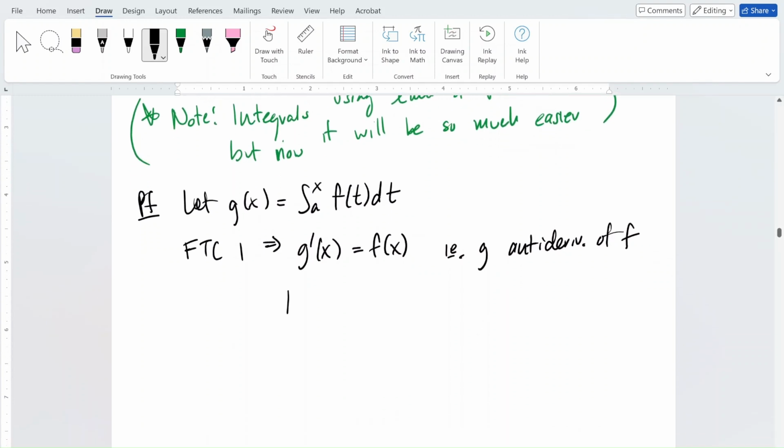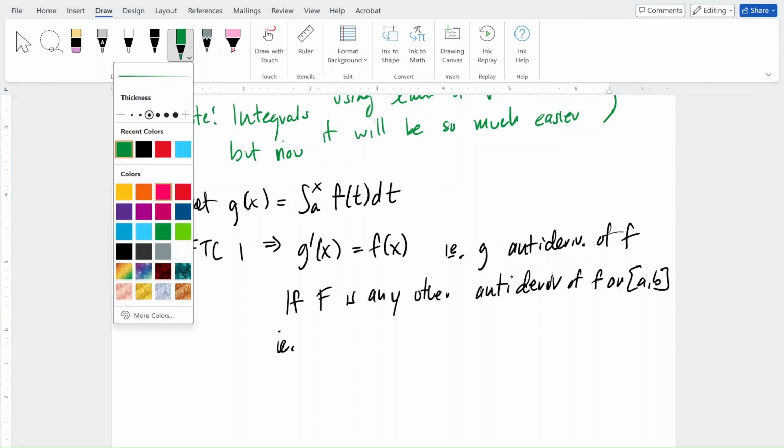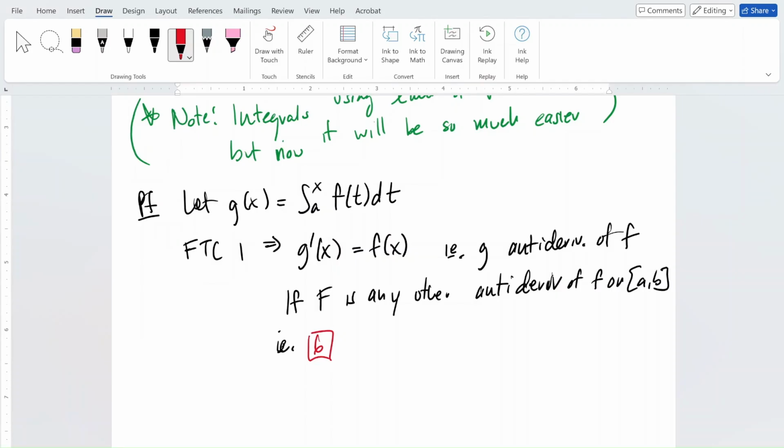Well, if capital F is any other antiderivative of f on this particular interval from a to b, that means it just takes the form, I'll probably use this as a reference later, so I'll just put a 6, that capital F is g of x, but changed by a constant, right?